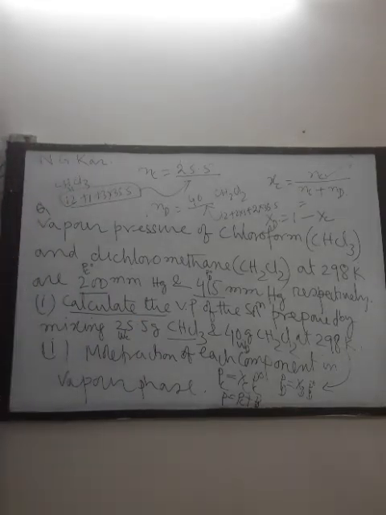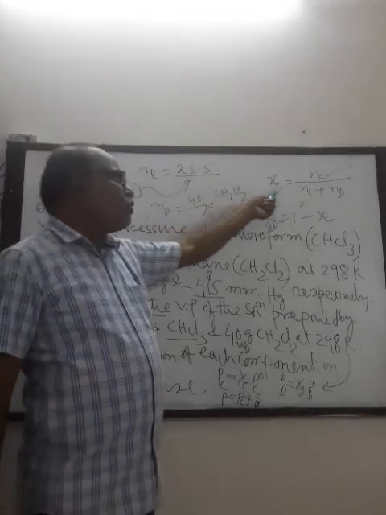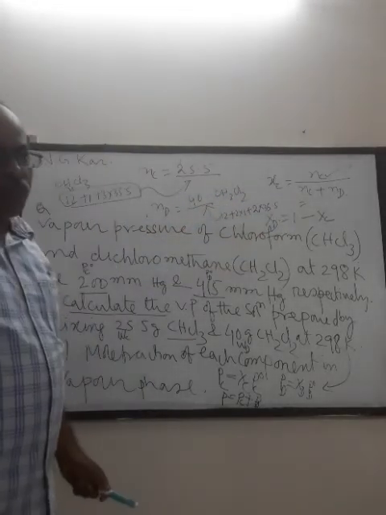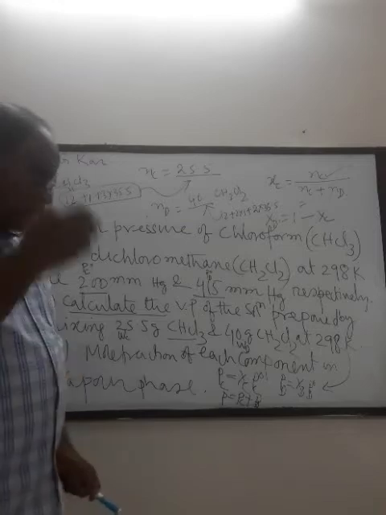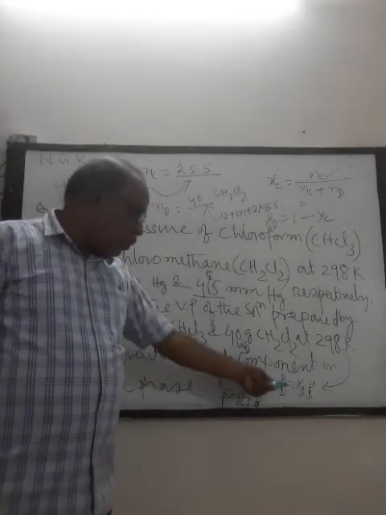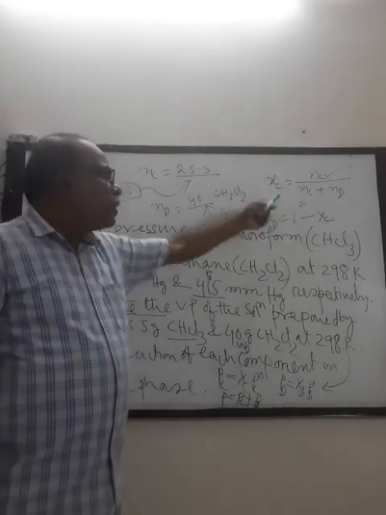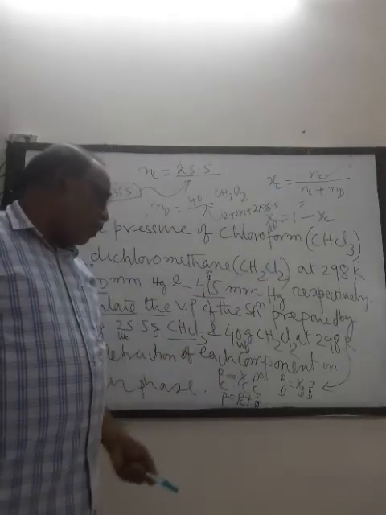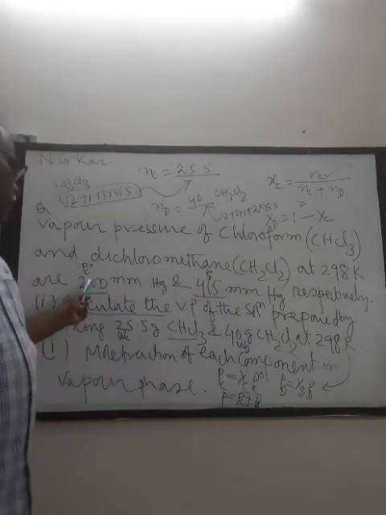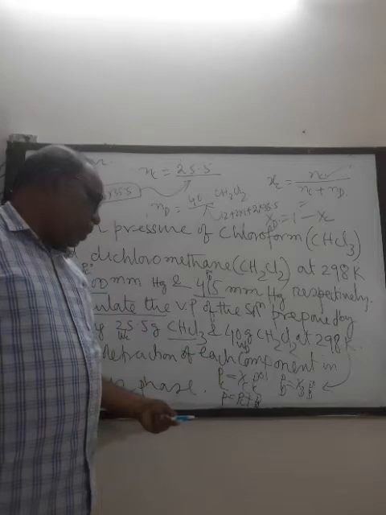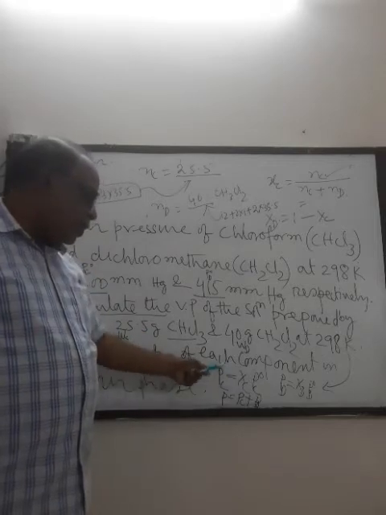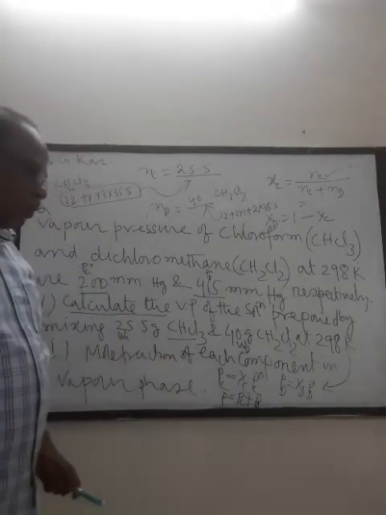So first of all, find out the number of moles, then the mole fraction of chloroform, then the mole fraction of dichloromethane. Now from Raoult's law, if we put the mole fraction of chloroform and the vapor pressure of pure chloroform, we get the partial vapor pressure of chloroform.